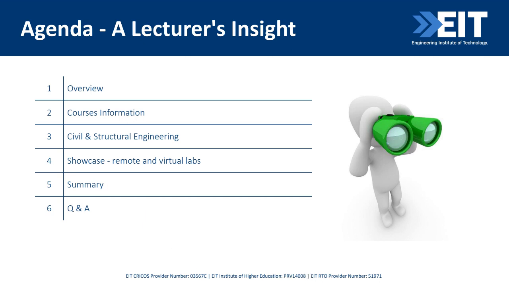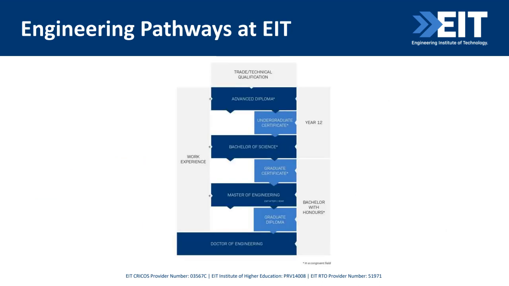To start with, as you may or may not know, at EIT we are focused only on engineering courses. That's why we offer courses at the level of advanced diploma, VET courses, and also higher education courses. We also value your work experience a lot.